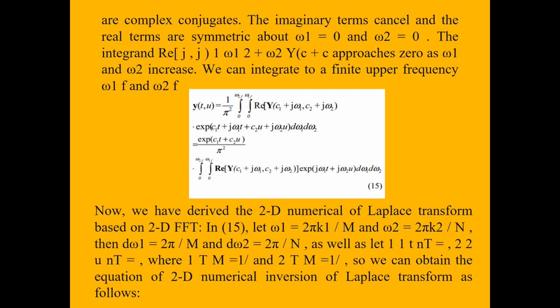The integrand, real part of y of c1 plus j omega 1 comma c2 plus j omega 2, approaches 0 as omega 1 and omega 2 increase. We can integrate to a finite upper frequency of omega 1 and omega 2, which is shown here below.